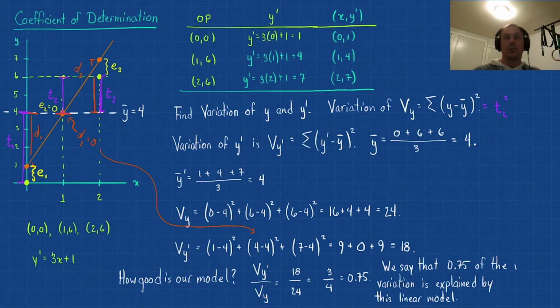Okay, now there's one more thing that we need to see. So the coefficient of determination is this ratio of the explained variation divided by the total variation. So let's go grab an entirely new screen. Remember, our data set was 0, 0.